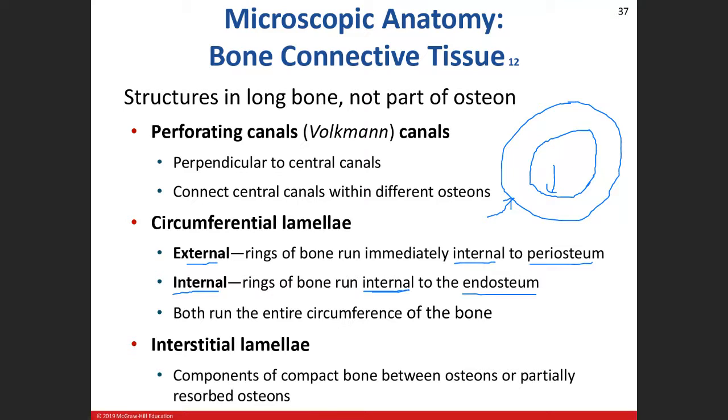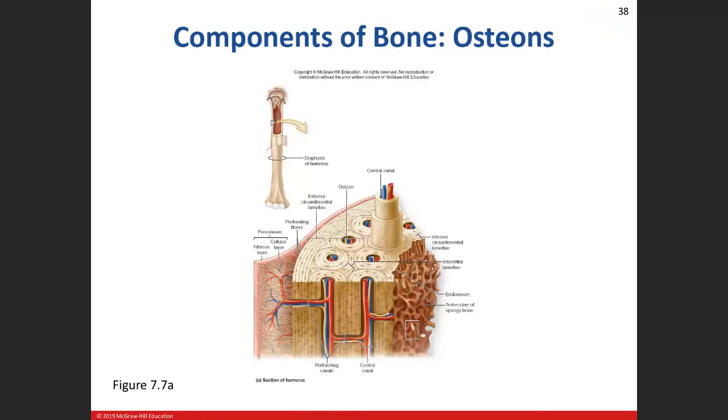But both of these lamellae will run the entire circumference of the bone, wrapping right around it. Come right back and show you. Right here, you can see this is the external circumferential lamellae. It's a big ring that goes around the entire length. And on the inside here, it's tough to see, but right there, that's the internal circumferential lamellae.